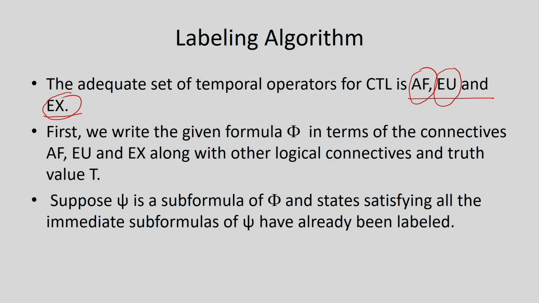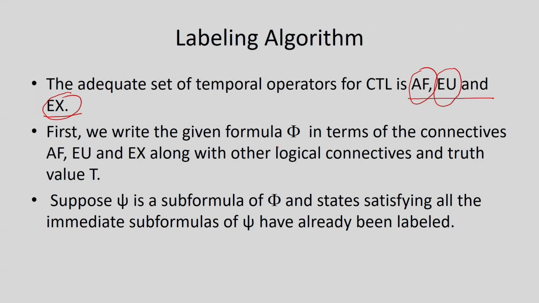We are going to look into them and find a method to check the truth of this formula in a given model. If we are given any formula phi, we are going to get an equivalent formula for phi which involves only these three temporal operators AF, EX and EU, because this is the adequate set of temporal operators we are considering.